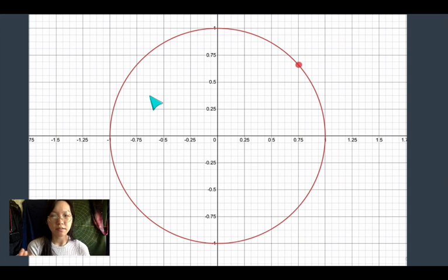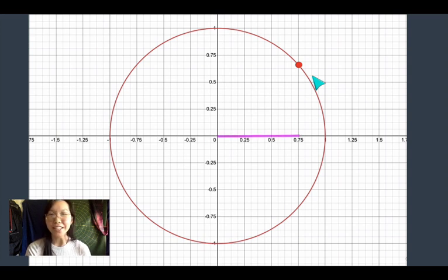So let's just look at this point, just for fun, and think about what is the coordinate of that point. Go ahead and take a look at it. You can zoom in if you want. You can look closer at the screen.